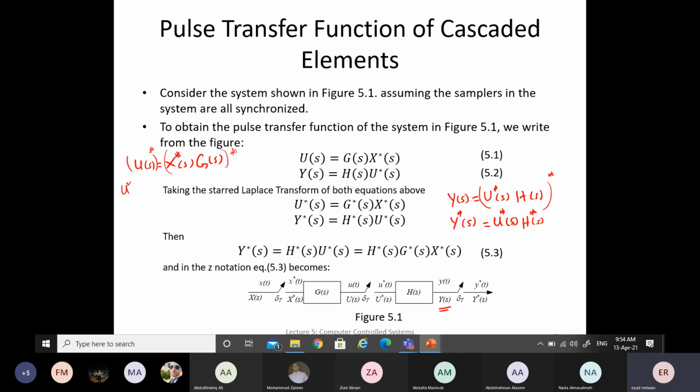So I can get u star of s equals x star of s, g of s star. Now this is u star of s written in terms of the input and g of s. I can substitute for it here. So you get y star of s equals x star of s, g of s star, times h of s star.